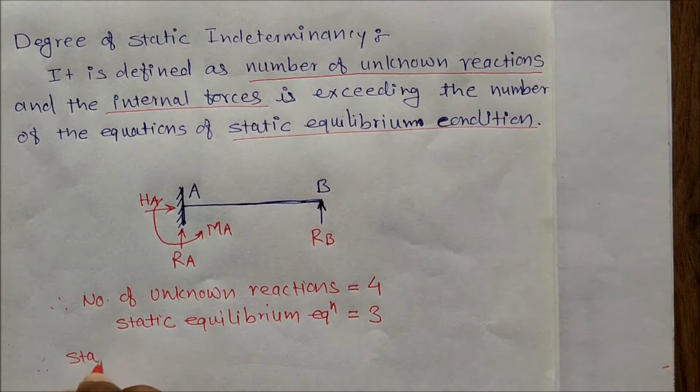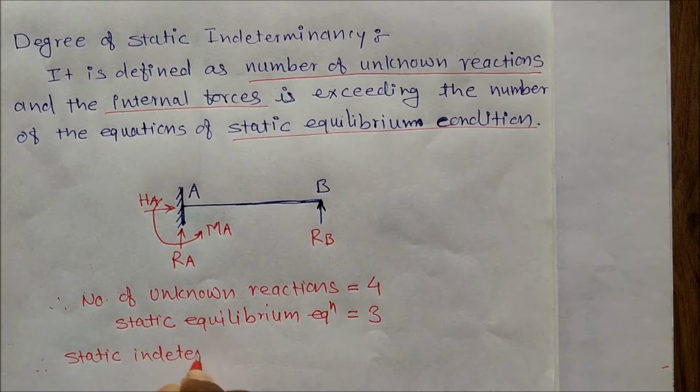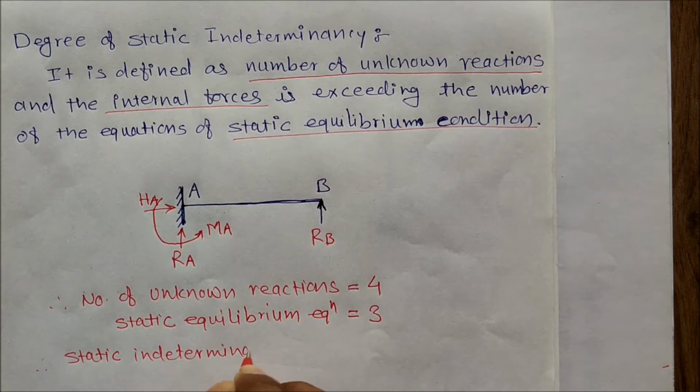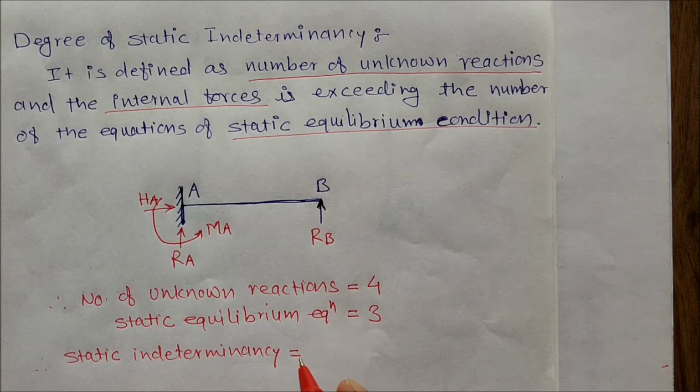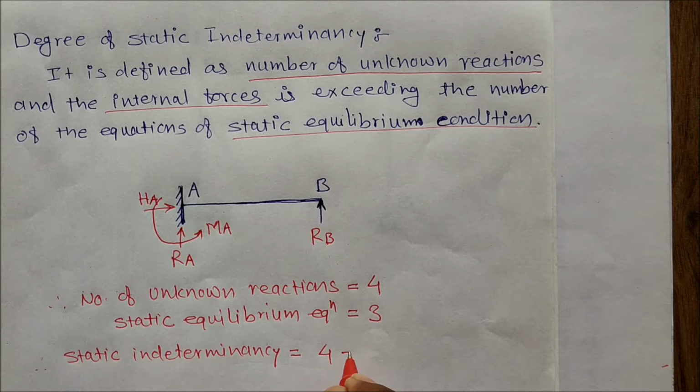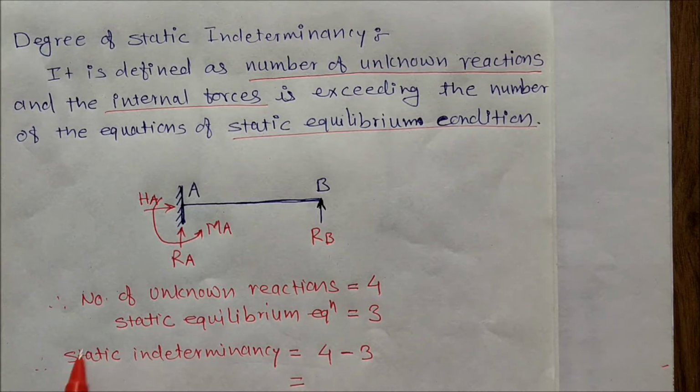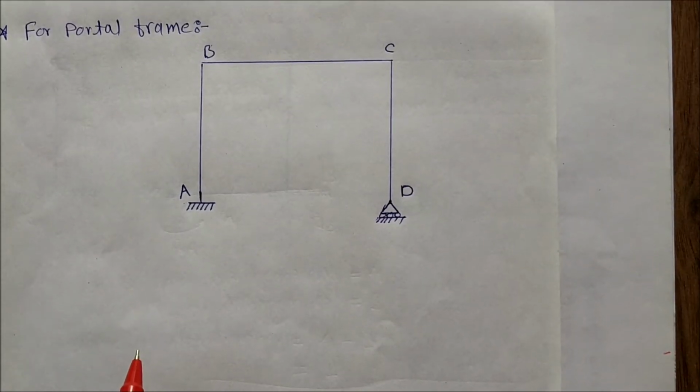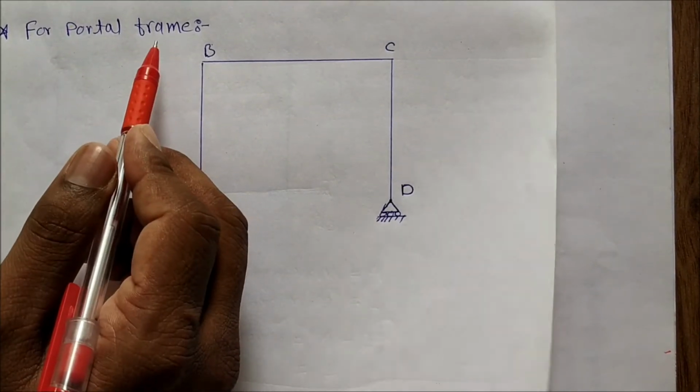So static indeterminacy is equal to the total number of reactions, that is 4, minus the static equilibrium equations, that is 3. So how much static indeterminacy? 4 minus 3, that is 1. So I will take another example for the portal frame.